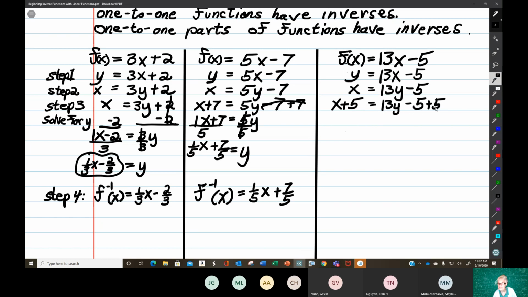Okay, -5 plus 5 is 0. Let's even do it like this, just to make sure everybody can see what's going on. So we'll have x plus 5 equals 13y plus 0 is 13y.